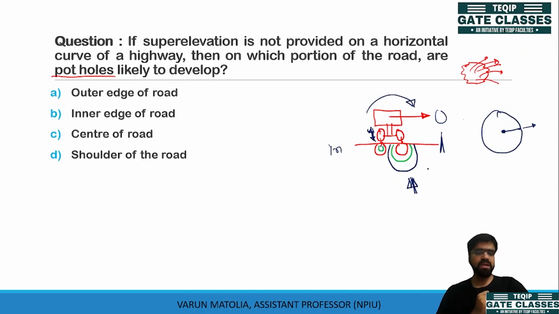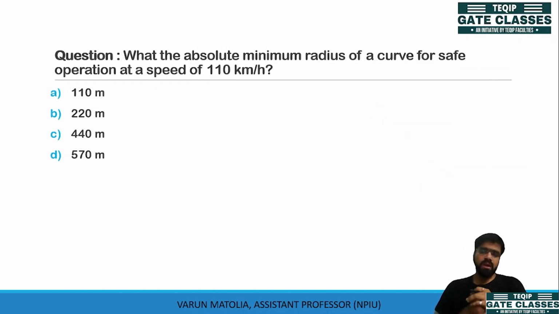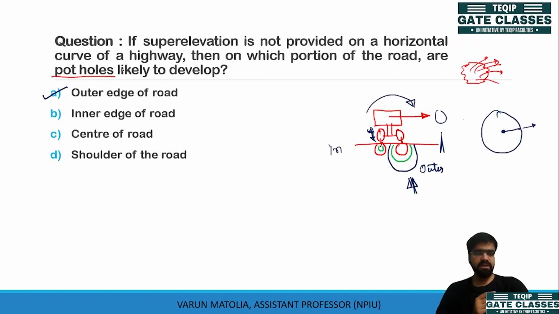So this is known as the outer edge. The outer edge gets more pressurized, and because of this pressure, it gets eroded. So the answer is the outer edge of the road is likely to develop potholes. I think you have understood the concept behind this problem.